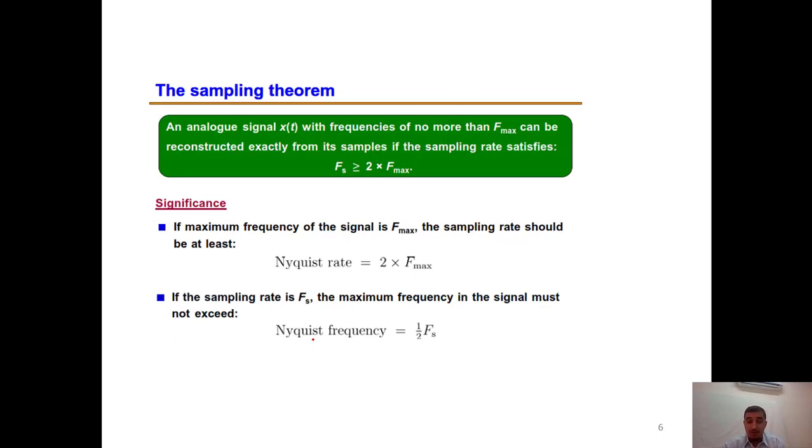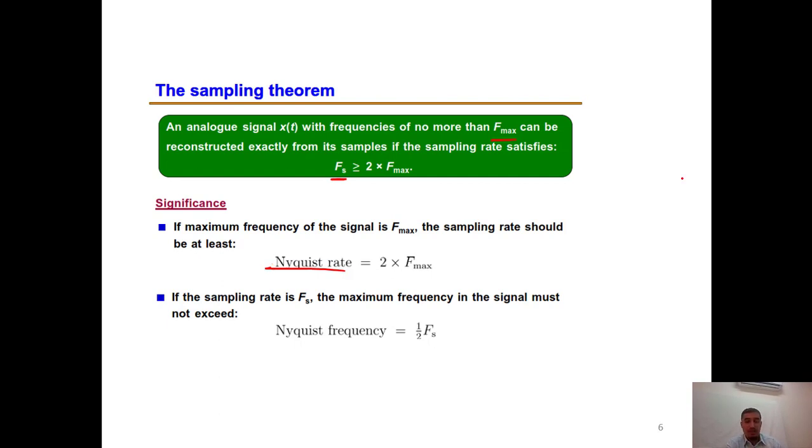Now, the sampling theory specifies that an analog signal with a frequency of f max can be reconstructed if the sampling rate satisfies that f sampling is greater than or equal to f max, and this is what we call the Nyquist rate. In order to reconstruct an analog signal from a digital signal, the sampling of the original analog signal must be twice the frequency of the signal.